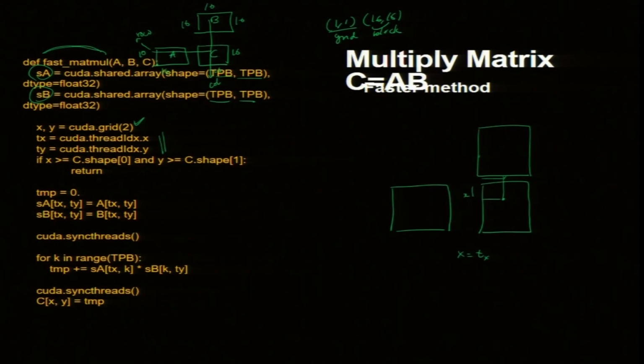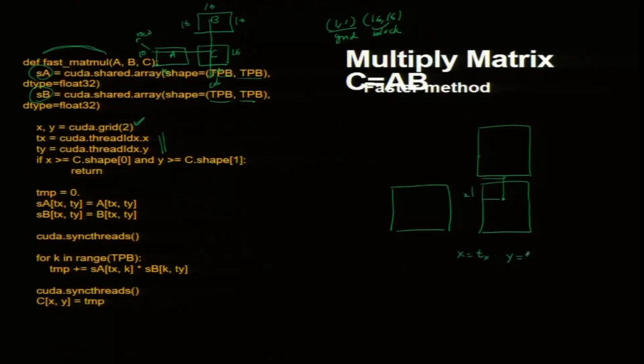Thread ID is local, a thread ID in the block, but X is a global position of the element in the global array. If it is only one block, then thread ID and X are the same, and Y equals TY as well. If you are going outside the array, do not do it.